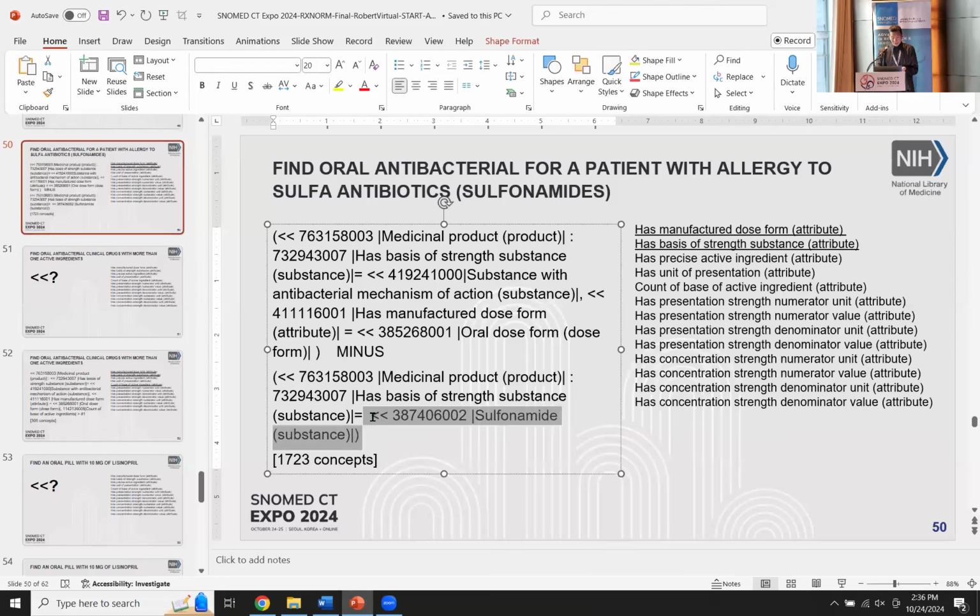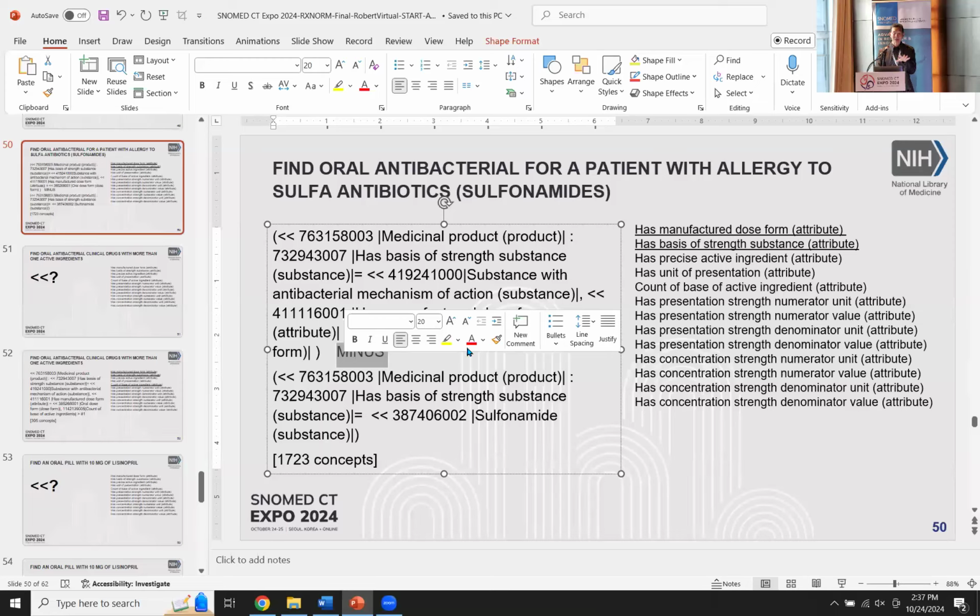We make use of this concept, which is sulfonamide substance, and we locate all the descendants of the sulfonamide substance. This is a grouper for all the substances that have this sulfonamide component in them, and that is what is causing the allergy. Then we use minus, because we retrieve all the oral antibiotics and we minus all these sulfonamide drugs. So that's how we get the answer.